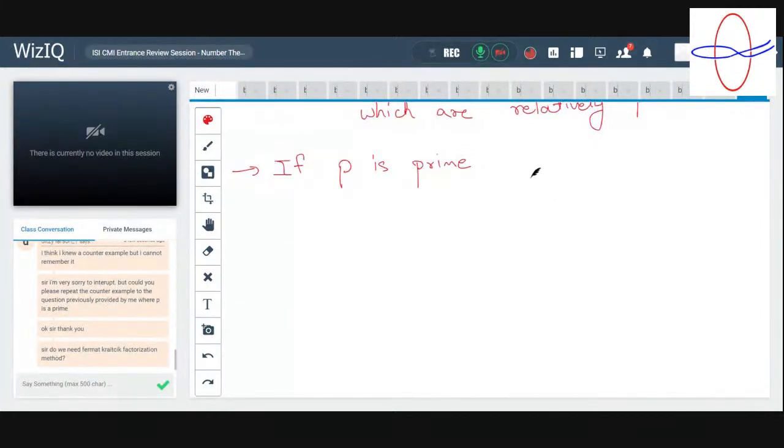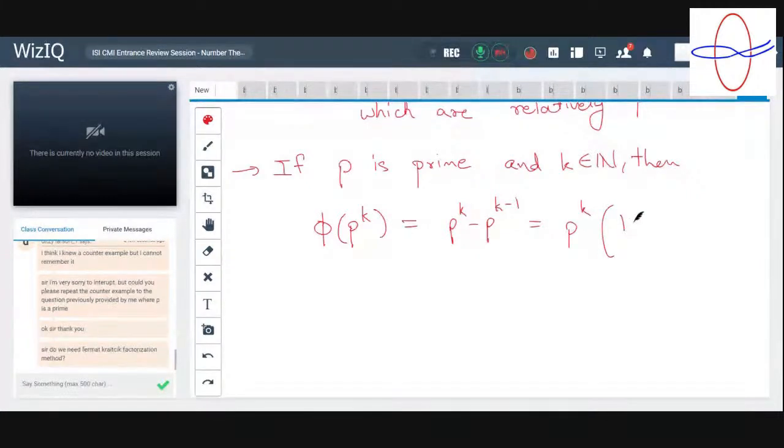If p is prime and k is some natural number, then phi of p to the power k is p to the power k minus p to the power k minus 1, or in a more handy form, is this.